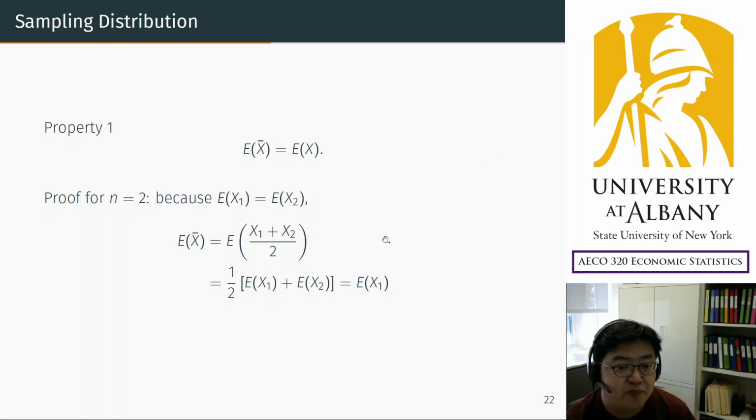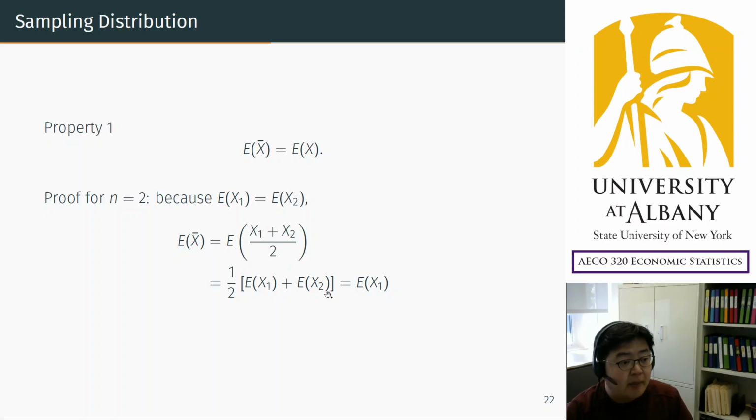Expectation is expectation. You may prove it in a simple two dice case, because by the identical distribution assumption, the first dice and the second dice must be the same dice, right? And then their average can be written in this way.